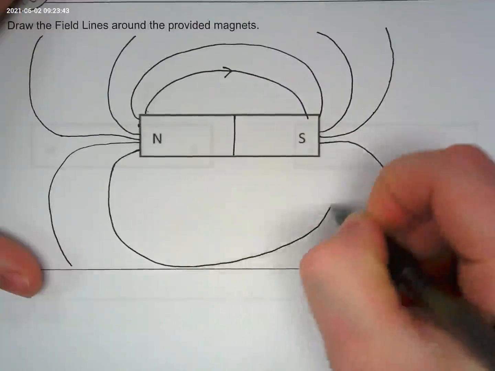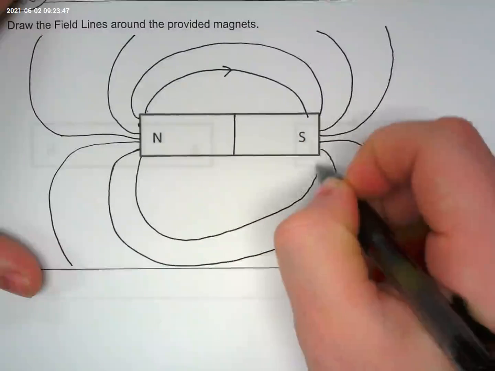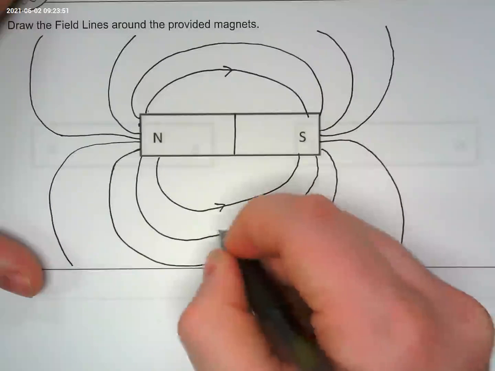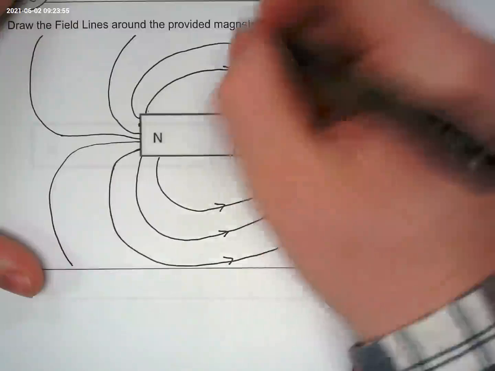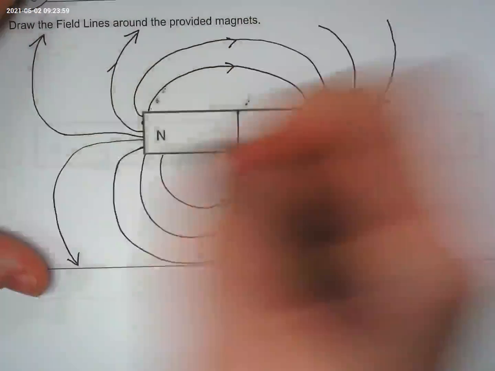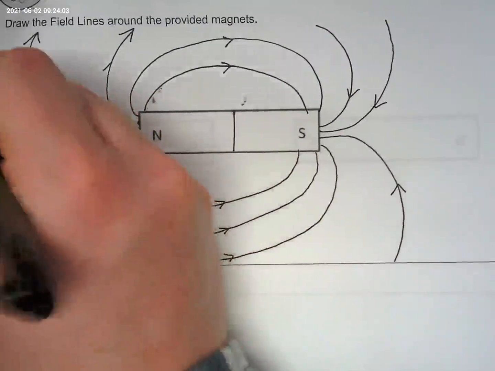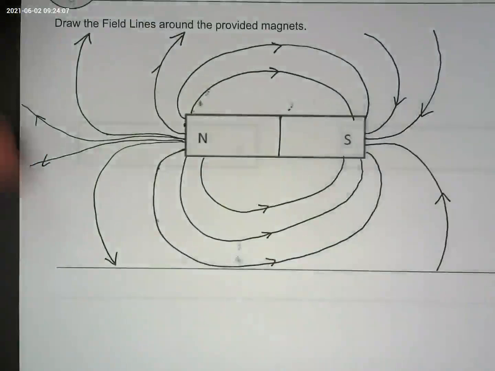And how we know that is because we can actually use iron filings to show this shape. And again, the force is going to move from north to south. I'm sure we could toss in a couple more in there as well, just to fill in the space.